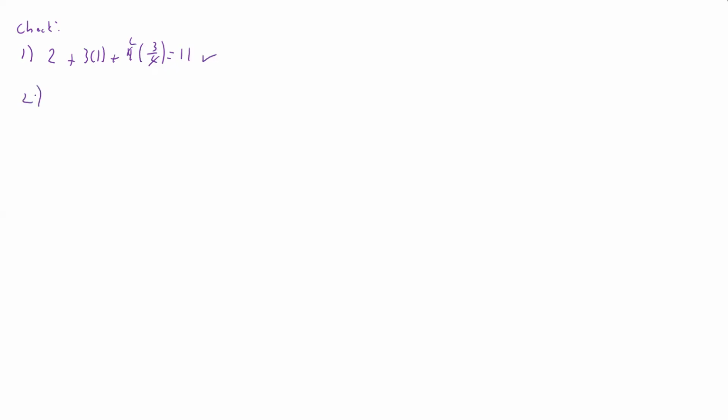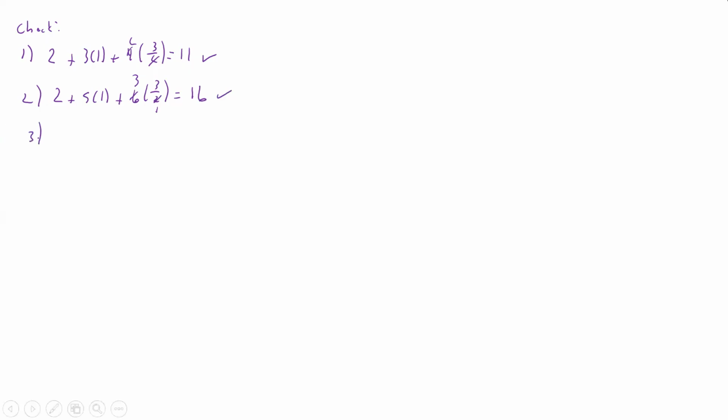For equation 2, we have 2 plus 5 times 1 plus 6 times 3 halves. That's 7, the 2 goes in here once, and it goes in here 3, so 7 plus 9 is 16, so that works.